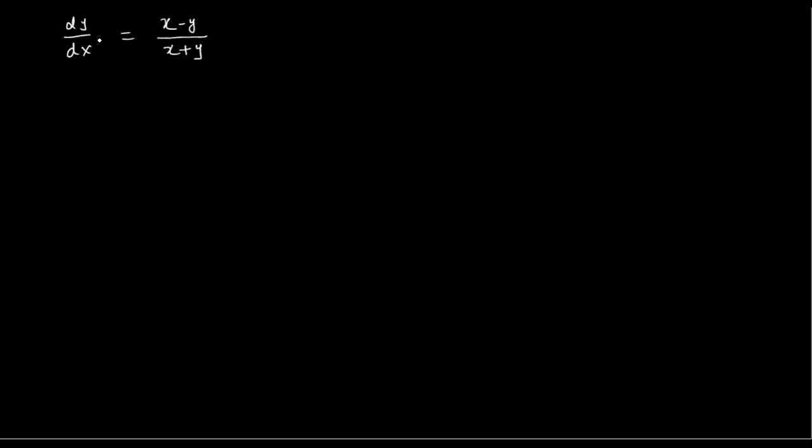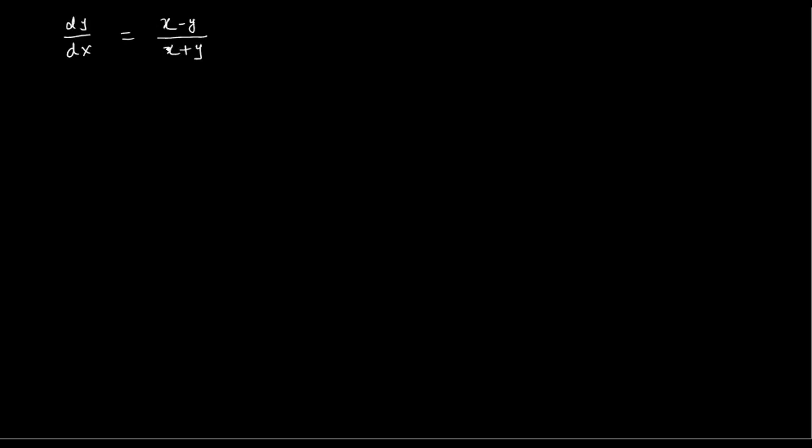So even before the start, we are able to see that this numerator is a homogeneous function of degree 1. Denominator is also a homogeneous function of degree 1. So this is a homogeneous differential equation, and it can be expressed as a function of y over x.